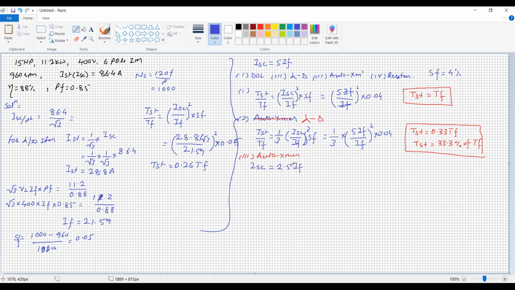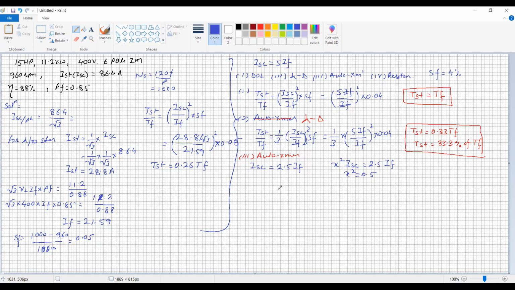This is the condition given. So here, x is the percentage or the tapping of the transformer, and the short circuit current is equal to 2.5 into IF, and therefore x square is 0.5.